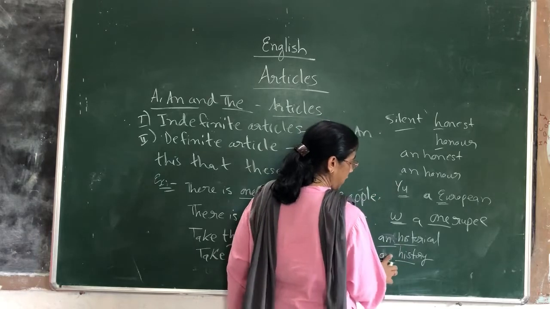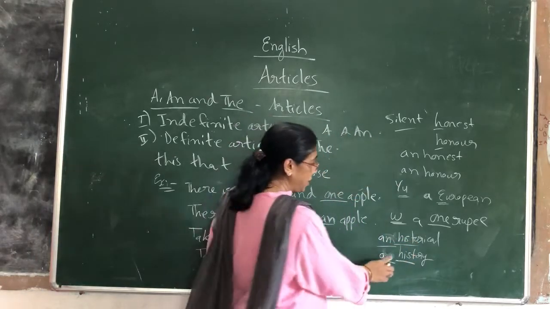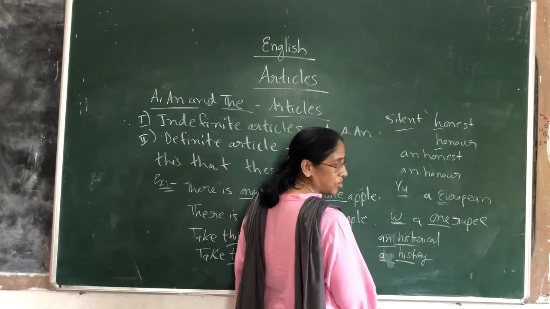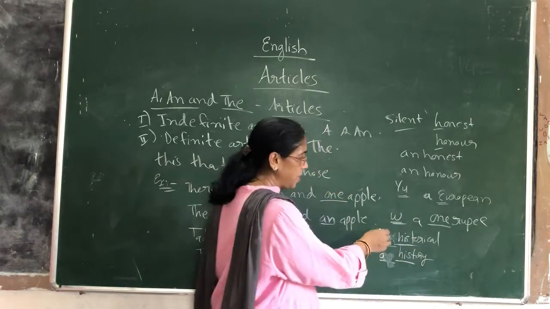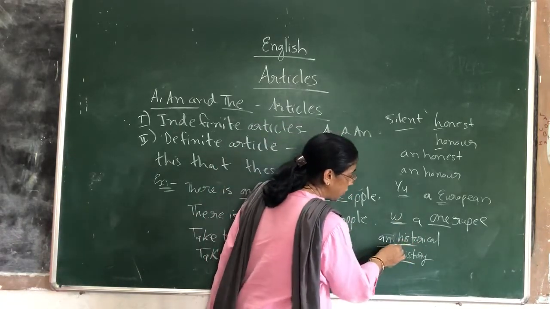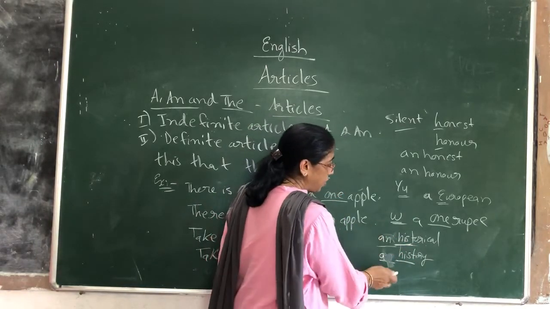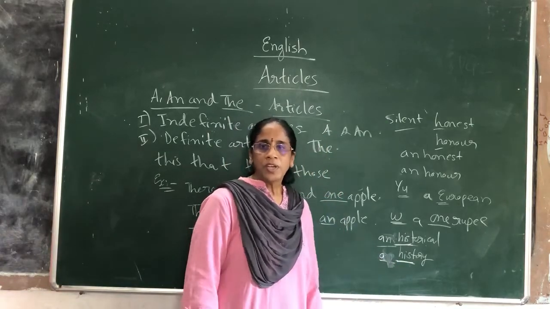A history book: here it is A because the H is stressed. But historical means you are not stressing the first syllable. So the same word, history and historical. See the difference? Because we are not stressing the first syllable in historical, we use an, and in history it is stressed, so we use a history. Okay, is it clear now?